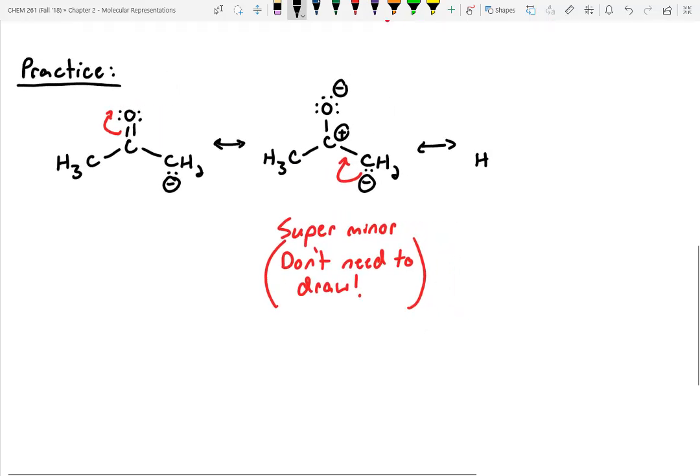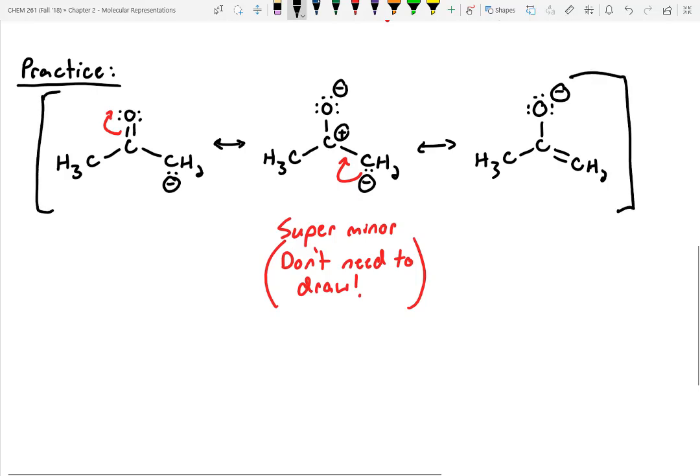Now we've got a double bond here, and a single bond to the oxygen. So really, there are two resonance structures I would expect you to draw for this one.